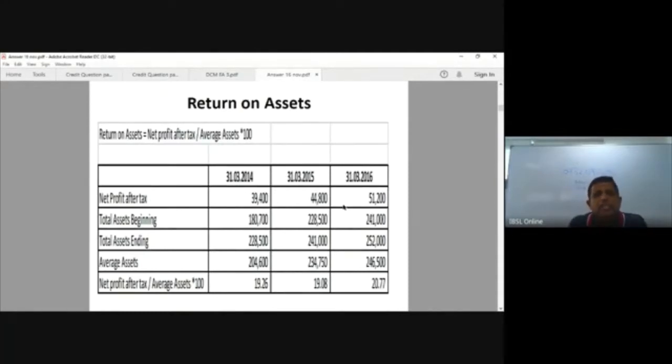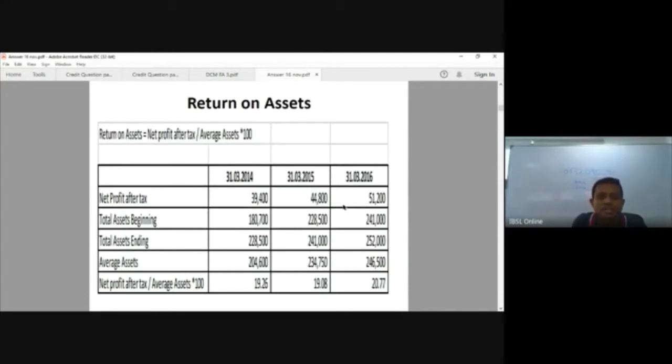Next, I will explain this particular sum again in a later session, but I will give you a chance to calculate it yourself. There is no benefit for you if I calculate the same thing again and again and you just take down notes. What is important is that you first calculate from your end and check with the answer sheet.